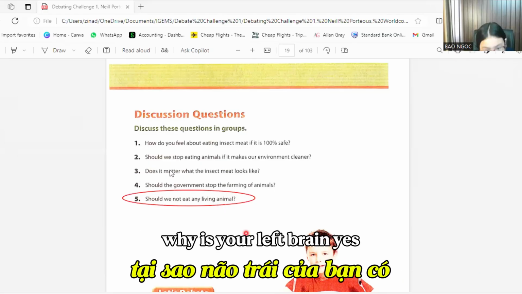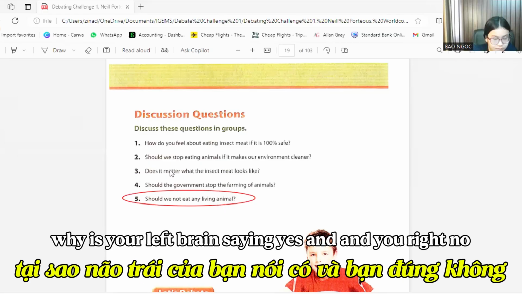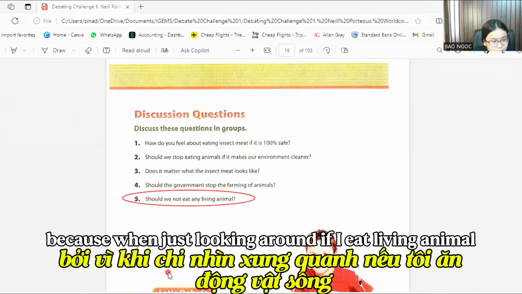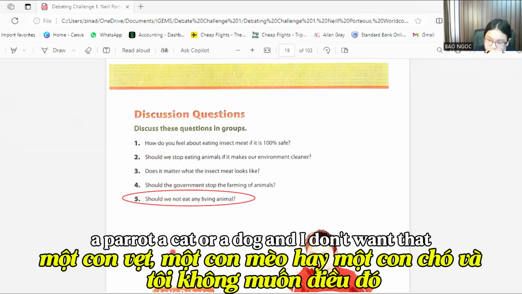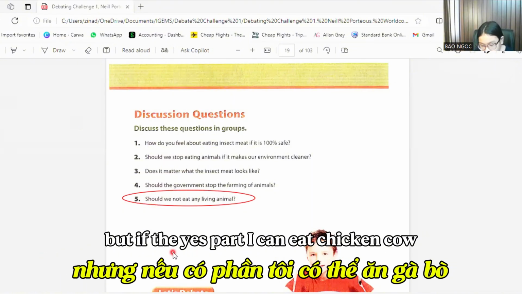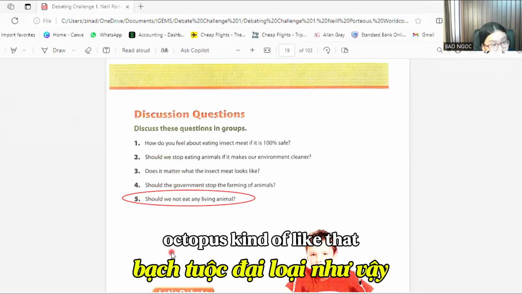Why is your left brain saying yes and your right no? Because if I eat living animals, that means I have to eat a cute animal, a hamster, a parrot, a cat, or a dog. And I don't want that. But for the yes part, I can eat chicken, cow, octopus, kind of like that.